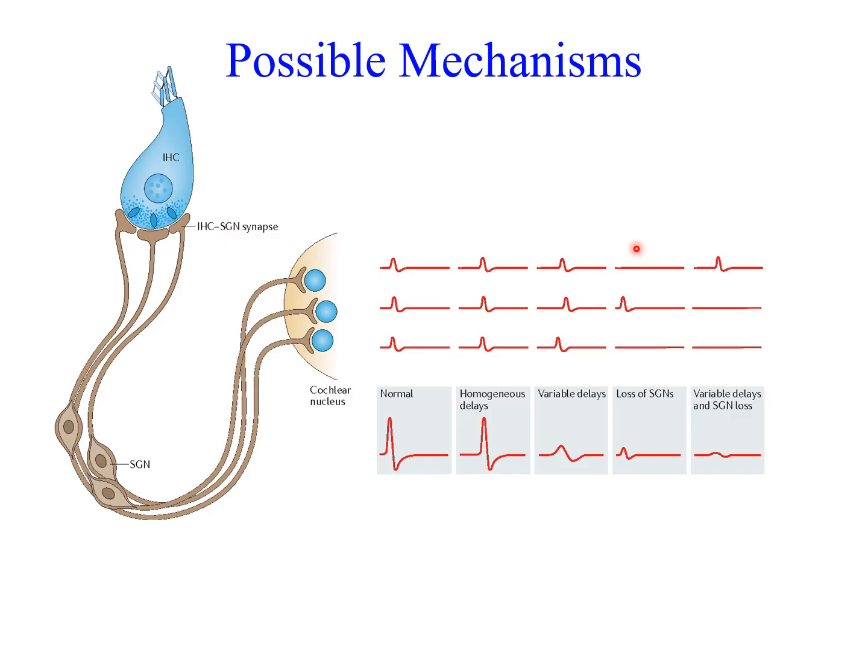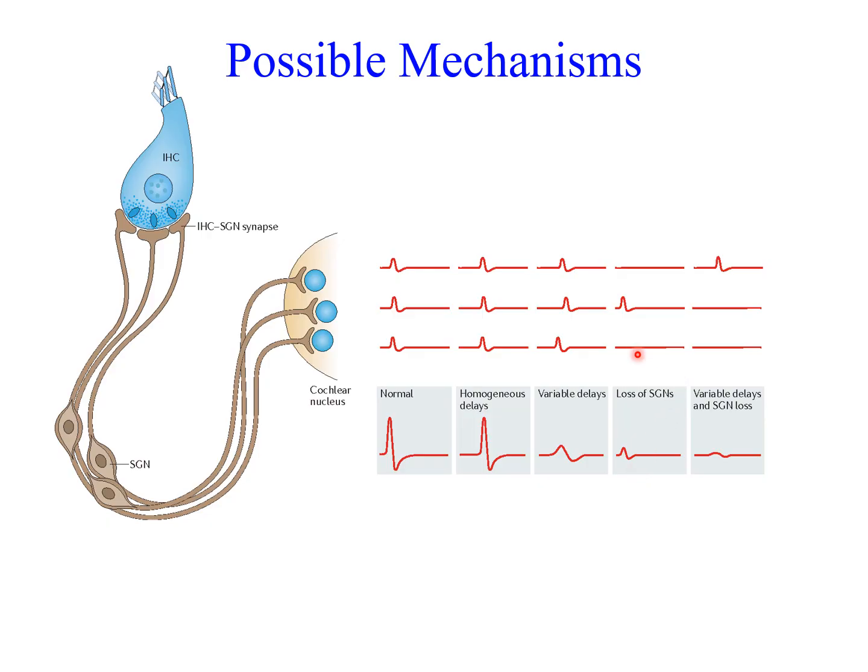In this example, let's say 2 out of 3 spiral ganglion neurons are dead or non-functional. Only one will respond, and for this one neuron that's responding, there's no delay. That surviving neuron is healthy. Then you just get one little action potential here. When you add them together, you still get only one very little amplitude here.